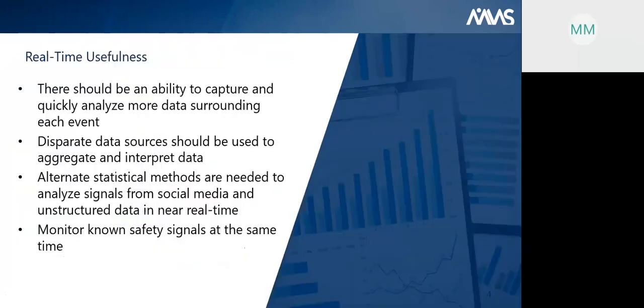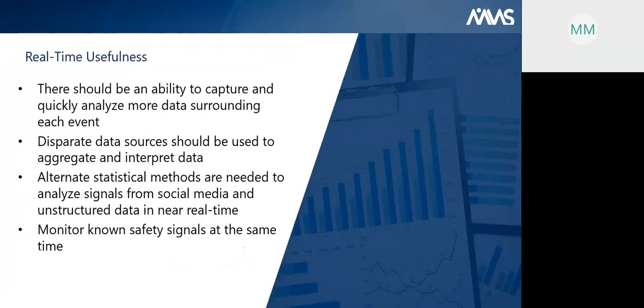Next slide, please. Modern safety surveillance tools, in our opinion, should have the following functionalities: ability to capture and quickly analyze more data surrounding each event, ability to aggregate and interpret data from disparate data sources, traditional and real-world data, ability to identify rare adverse drug reactions and monitor known safety signals at the same time.